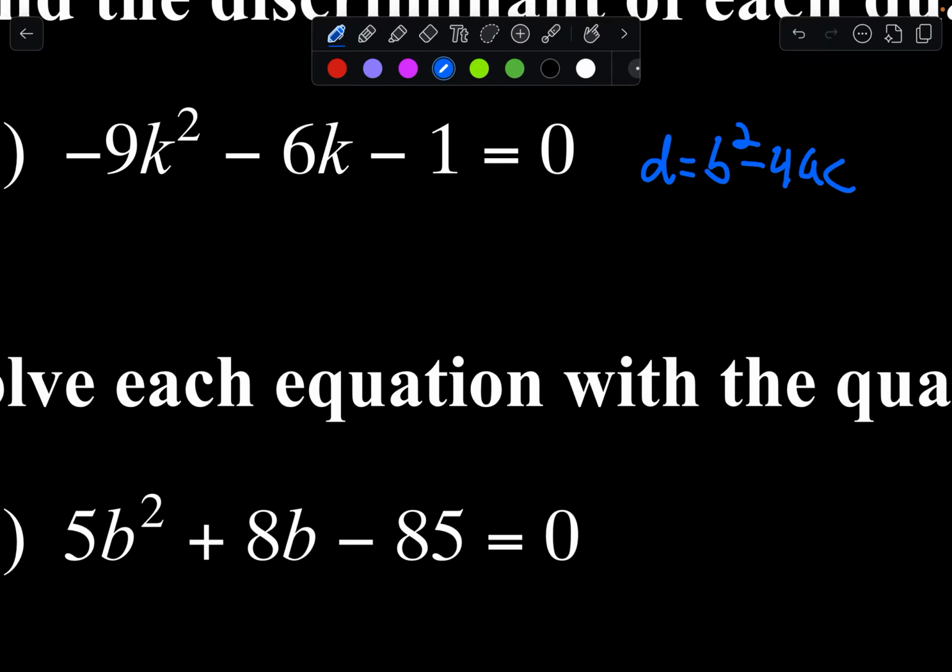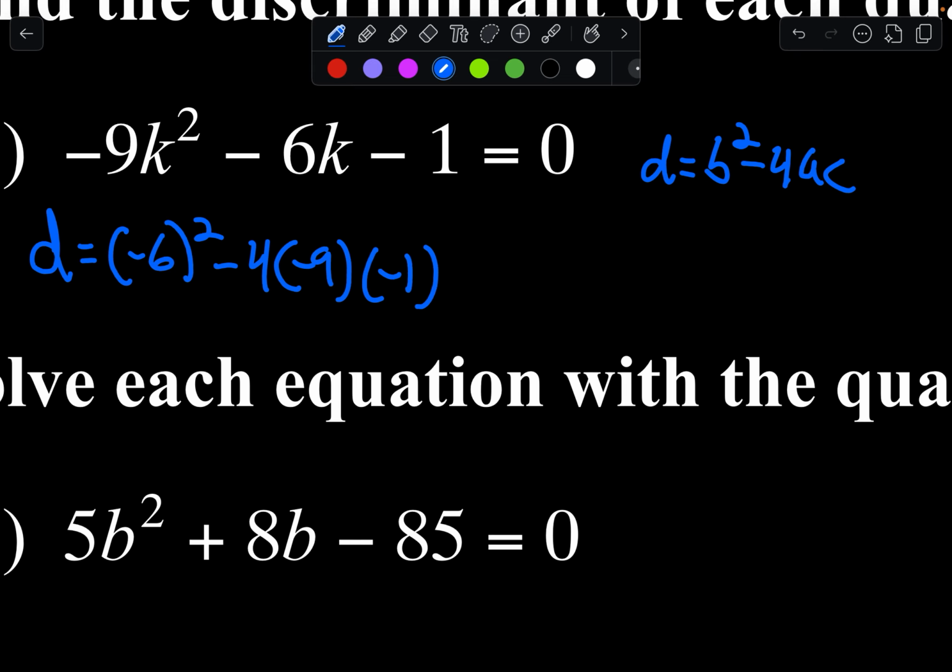For the midterm. So the discriminant D is going to equal, well, b is negative 6, so we go negative 6 squared minus 4 times negative 9 times negative 1. This is b squared minus 4ac.